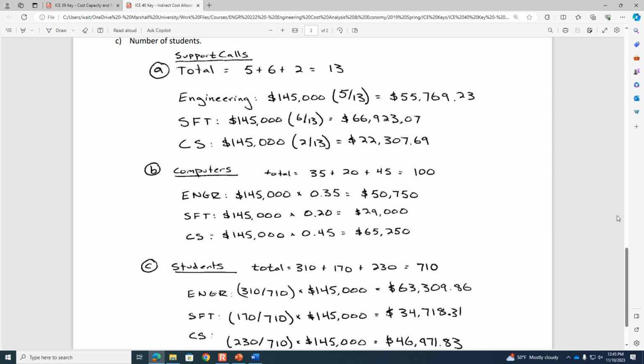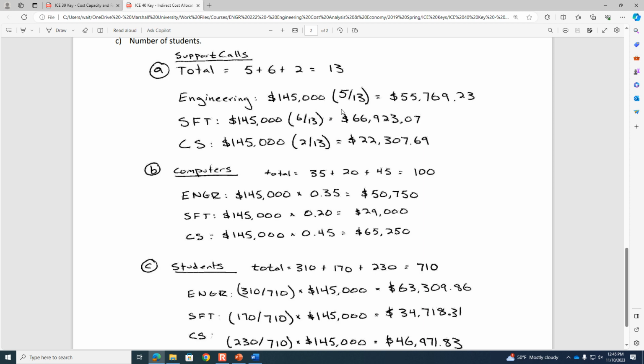Which of these methods do you think the safety department would be the most upset with? Which one would they not like? Computers. Yeah, just by going by the number of computers. And so, like if they were in some sort of a budgeting meeting with the dean, what they'd be saying is, well, it's not the number of computers that drives the cost. Oh, no, they wouldn't like support calls because that gives them the highest cost.